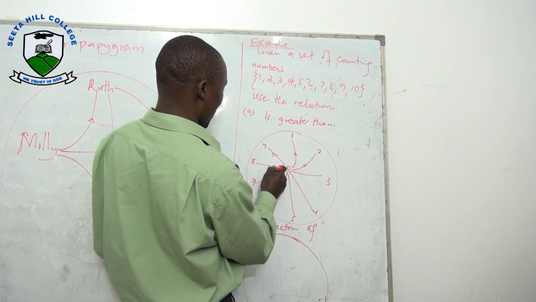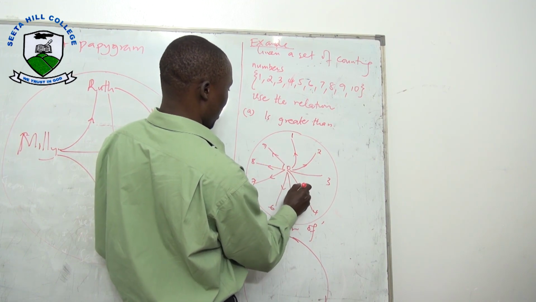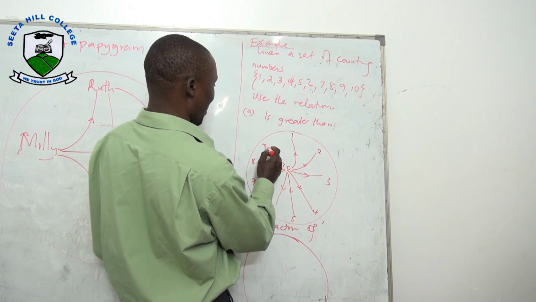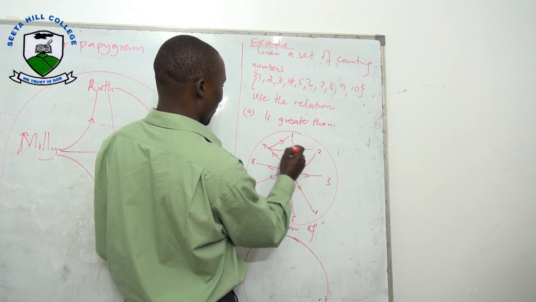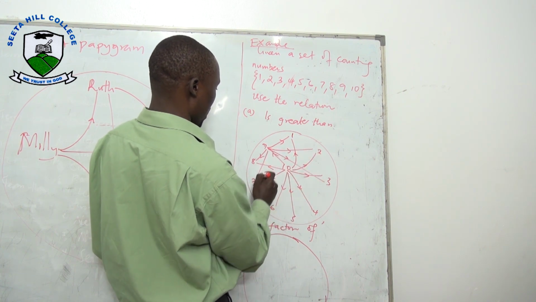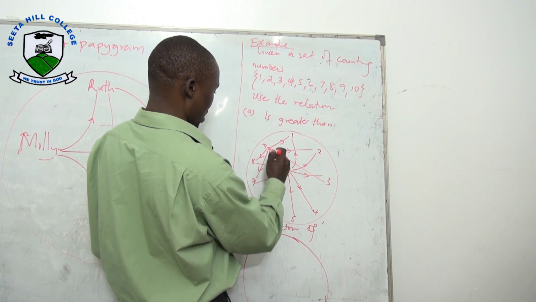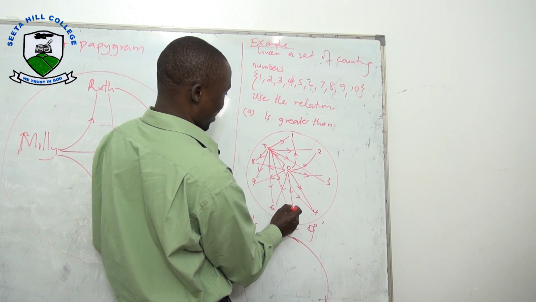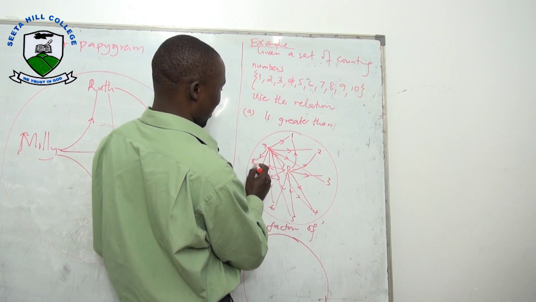Then what else? 9 is greater than 1 to 8. The lines are going to be very many, not so? 8 is greater than 1 to 7.